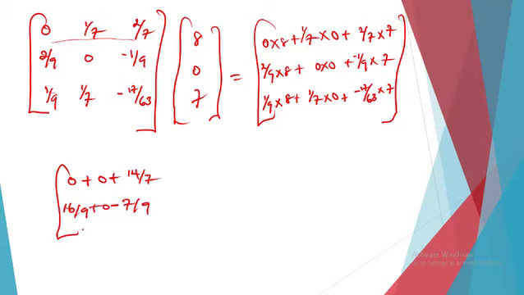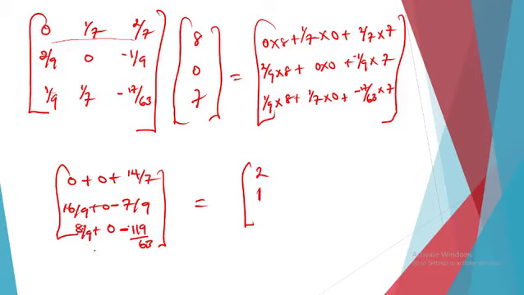We have 8 over 9 plus 0, and then minus 119 over 63. And what would that give us? This is 14 divided by 7. We have 2. This is 16 over 9 minus 7 over 9. 16 minus 7 will give us 9. 9 divided by 9 is 1.